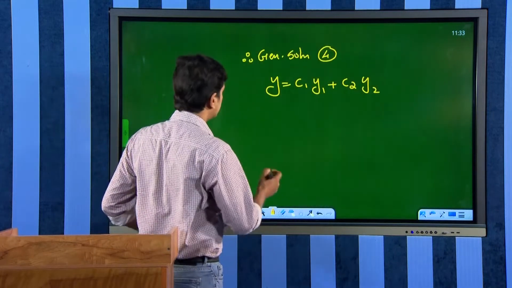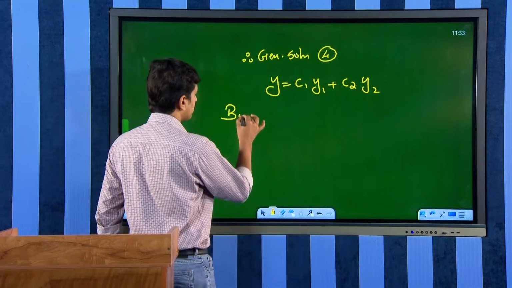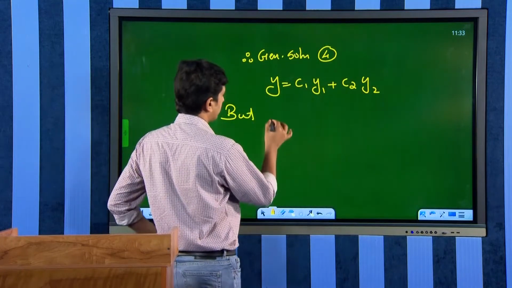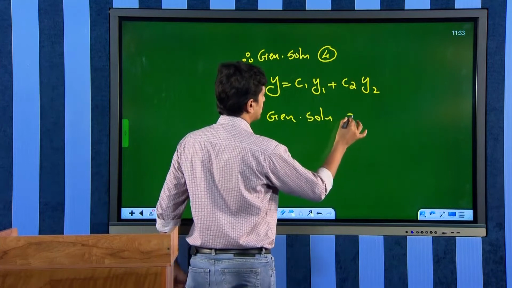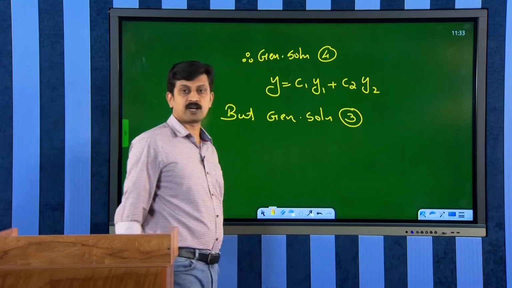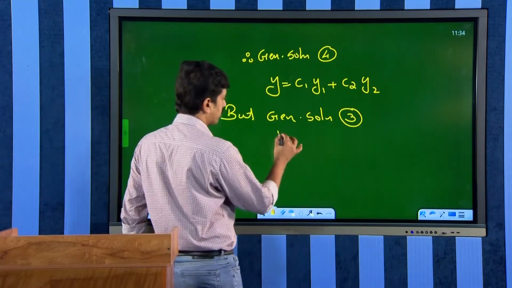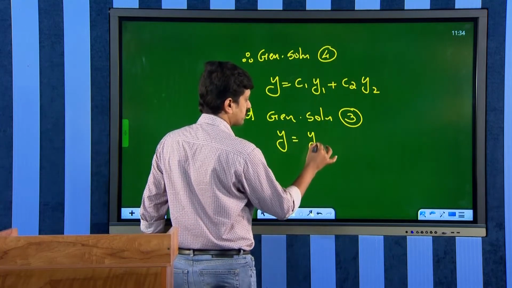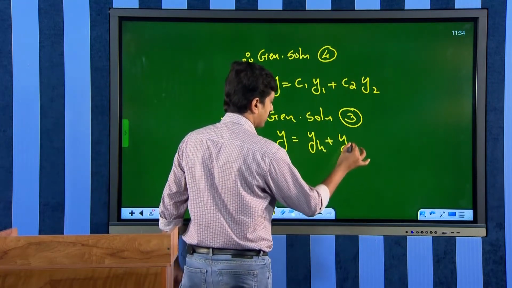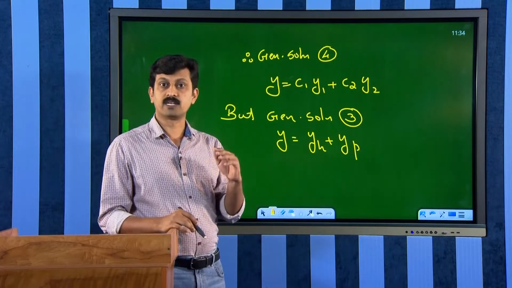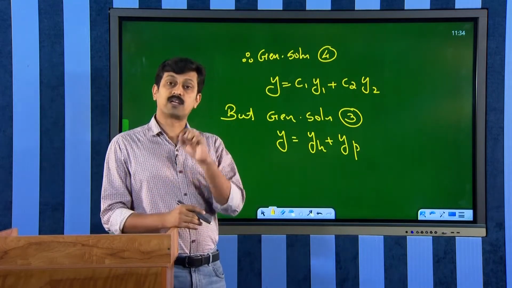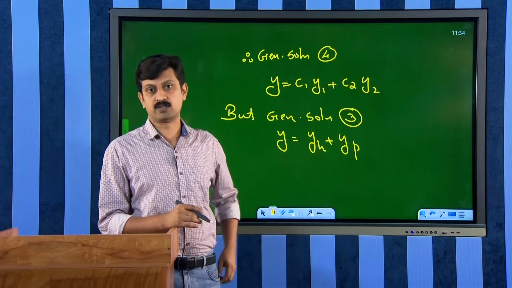The general solution of equation 3, the non-homogeneous part, is y is equal to yh plus yp, where yh is the complementary function, that is the solution of the corresponding homogeneous equation.